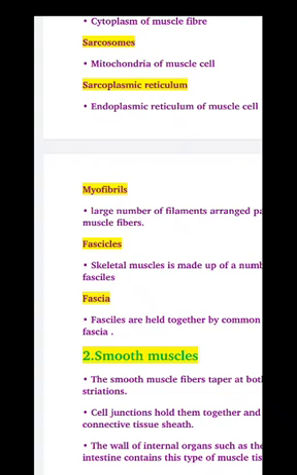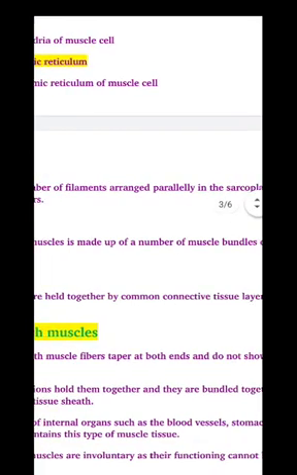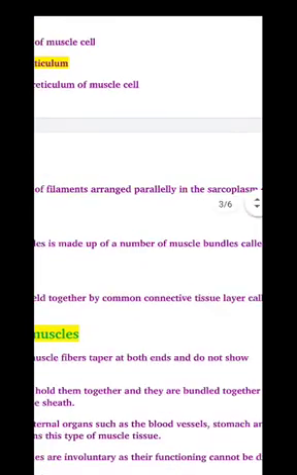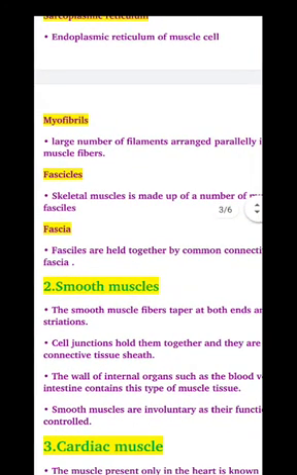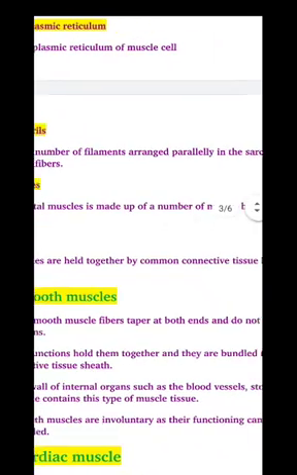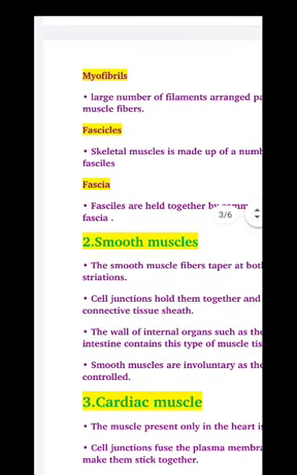These are the structural units of muscles, thin fibers, arranged parallelly in the sarcoplasm of muscle fibers. The skeletal muscle is made up of a number of muscle bundles called fascicles.